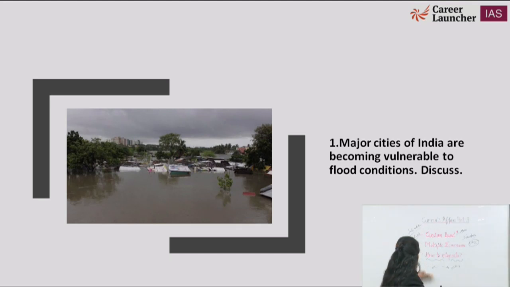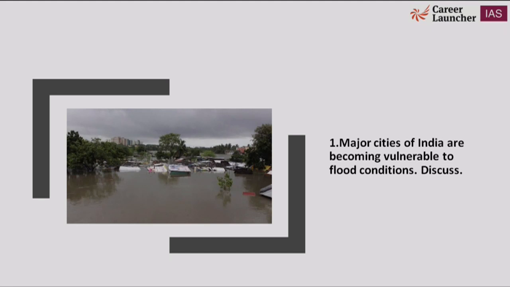Now understand, what are floods? Floods can be caused by natural reasons as well as human-made or anthropogenic reasons. Certain areas are naturally very prone to floods. But the question does not say certain geographical areas.